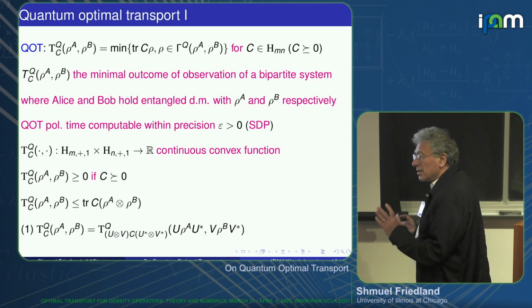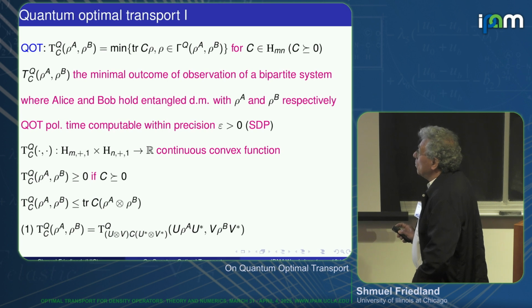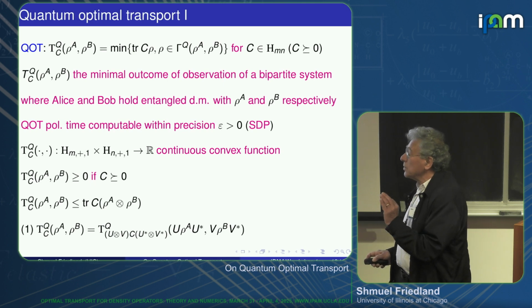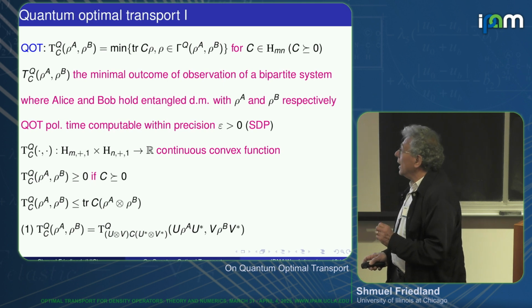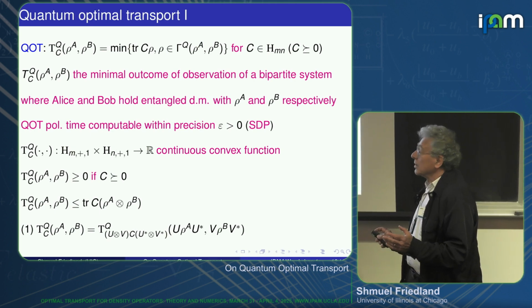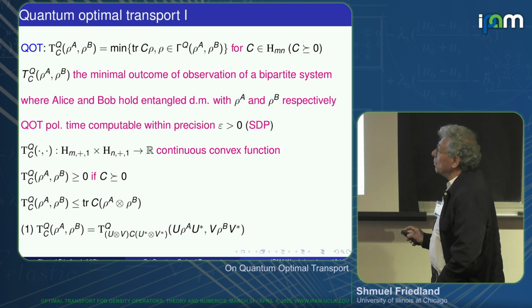Now you can assume that C is non-negative definite. I will explain why. And then you take the minimum of the trace. Now trace of C rho just means that you measure. So C is what we call an observable, and you do some measurements with respect to the matrix C. Okay, and you take the minimum. This would be quantum optimum transport.